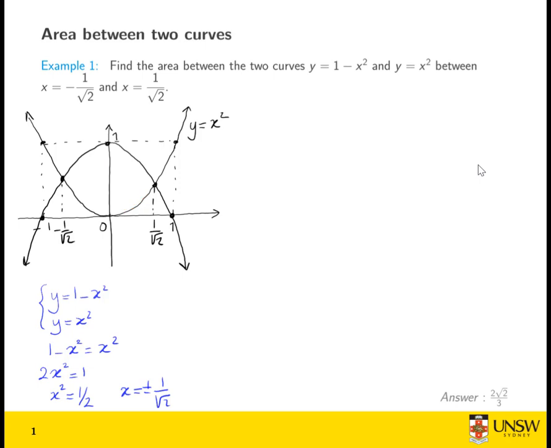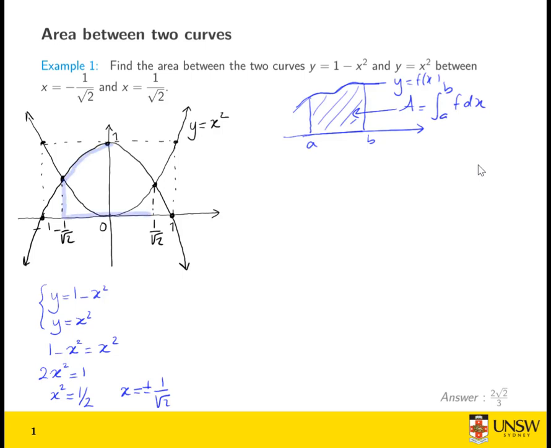The problem we have is that so far, if f is some positive function, so that's y equal to f of x, and we have two numbers a and b, we know how to calculate the area as an integral, but that only works if it's the area between the graph of f and the x-axis. But that could be useful here, because we could get this area by subtracting.